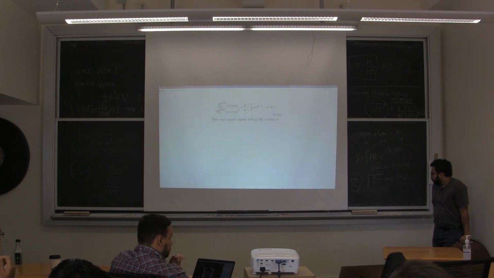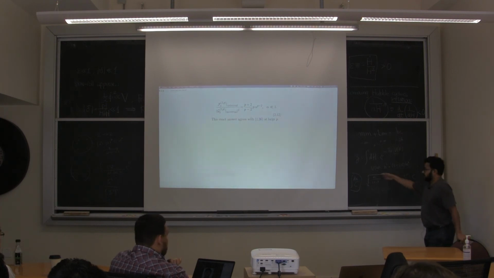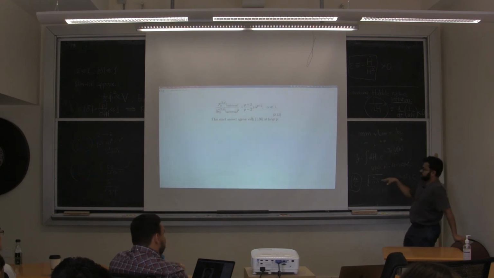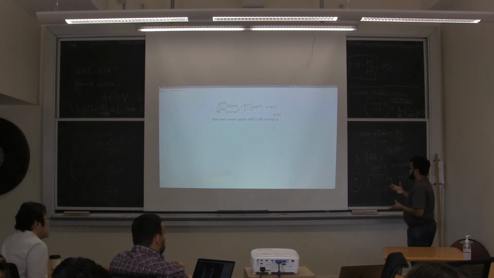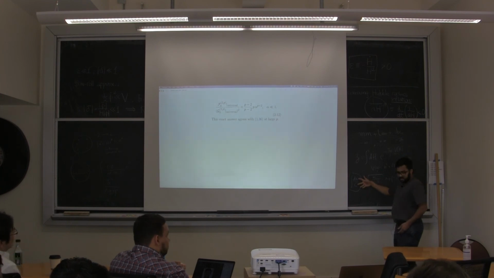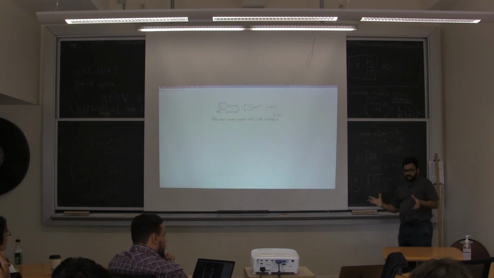Well, I think we should do the calculation and see. I can't say off my feet because I haven't done this calculation in this way. But I think there are multiple things here. There is the C which goes into the measure, but there's also just a normalization of the x. And those are two, again, different things.